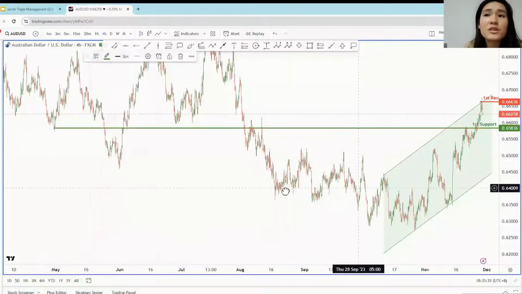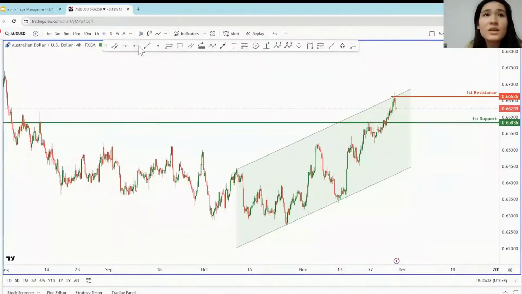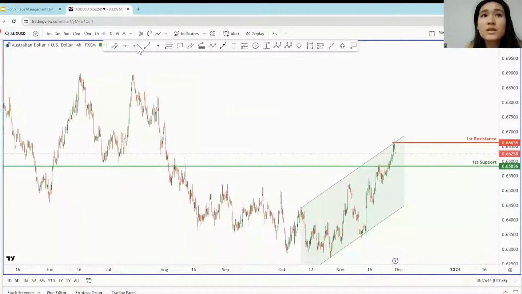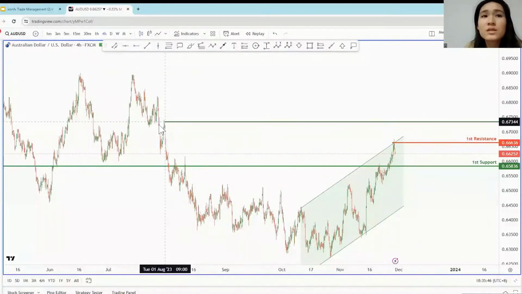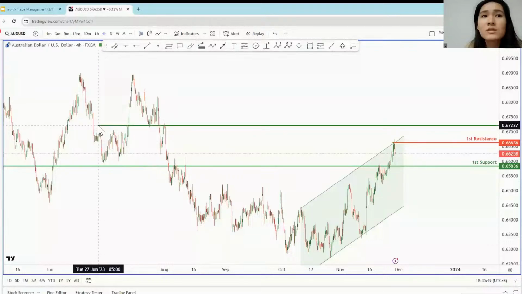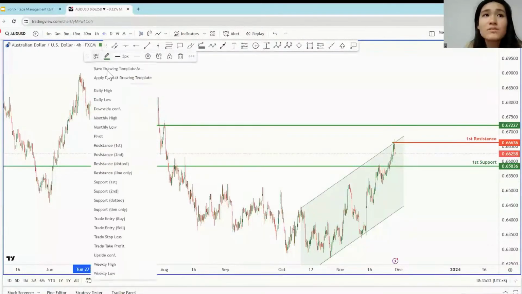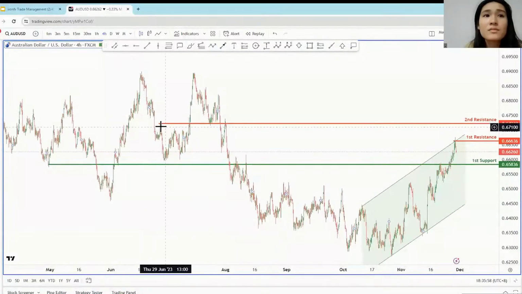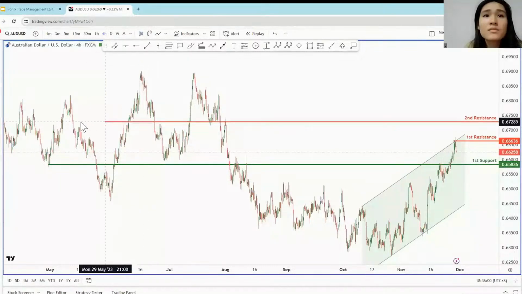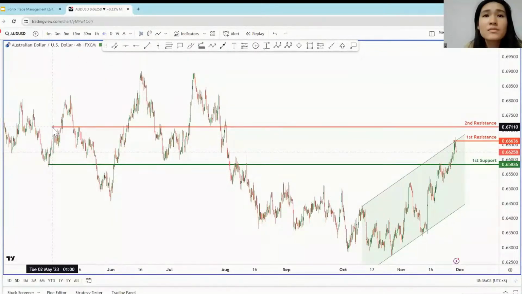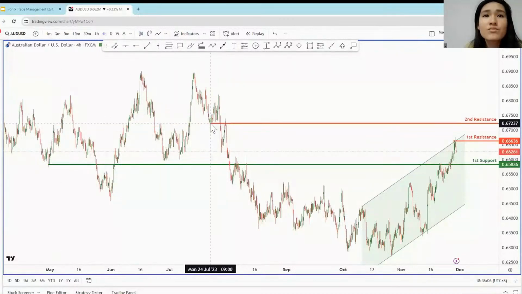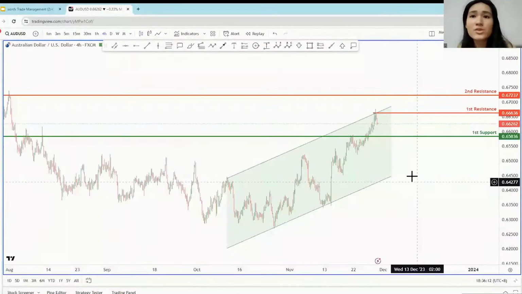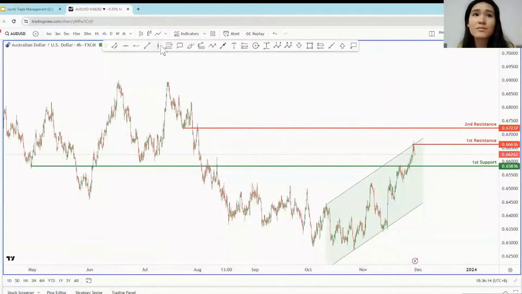Here's my first support, and then second resistance maybe over here. Okay, just here. Okay, now let's go in with our Fibonacci levels again.